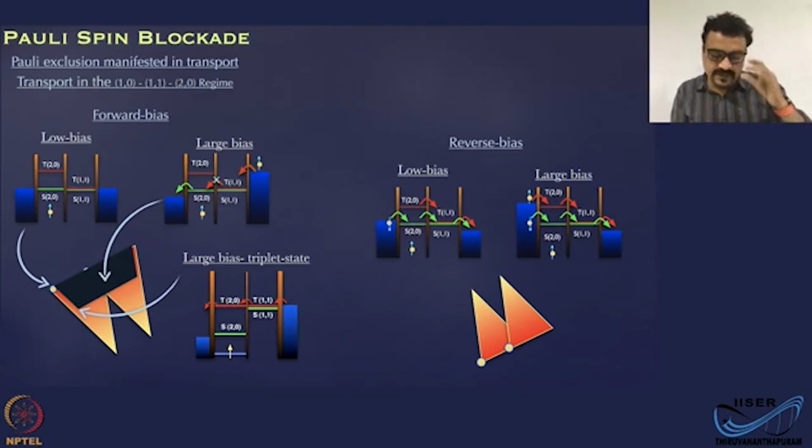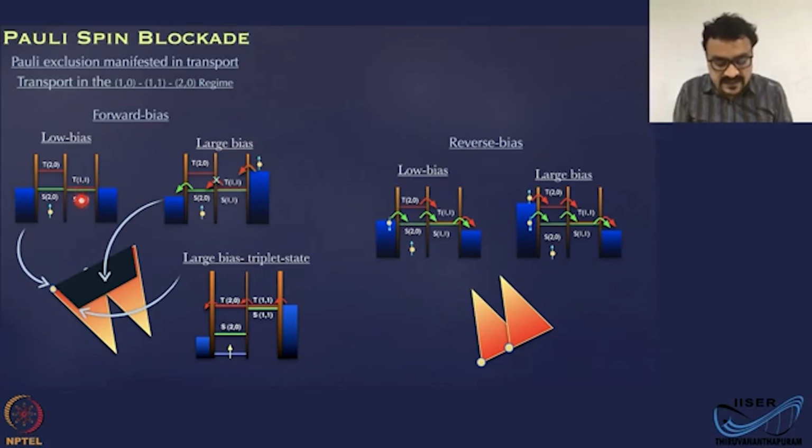and what you need to pay attention to here is the levels S and T here. So whenever I have level S11 and T11, that electrochemical potential refers to the situation when you have one electron on each dot. That is, this electron stays here and the next electron comes in.